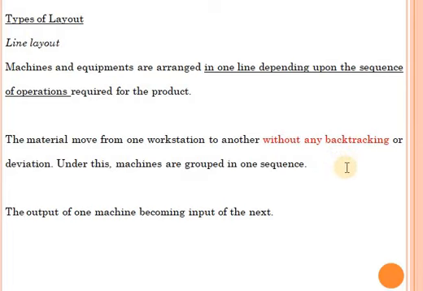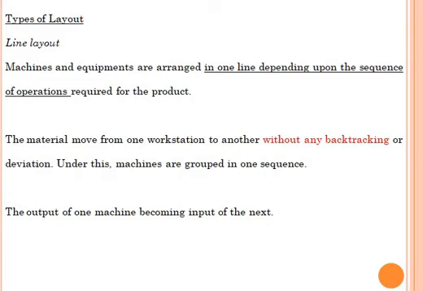Backtracking is going backward. So you need all the stations to go in a certain sequence. You cannot say that this product will go back into a step before. It has to be done without having to go back into another station. Everything has to keep moving forward.